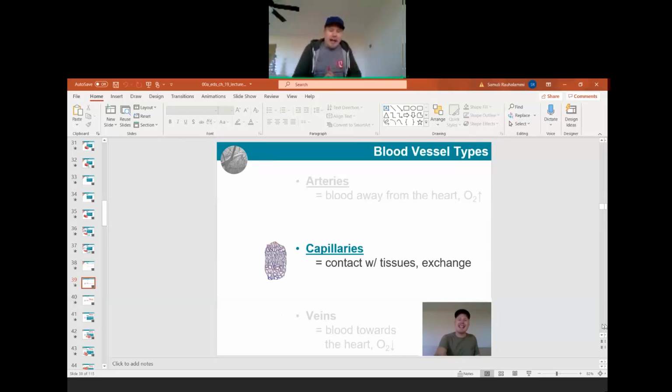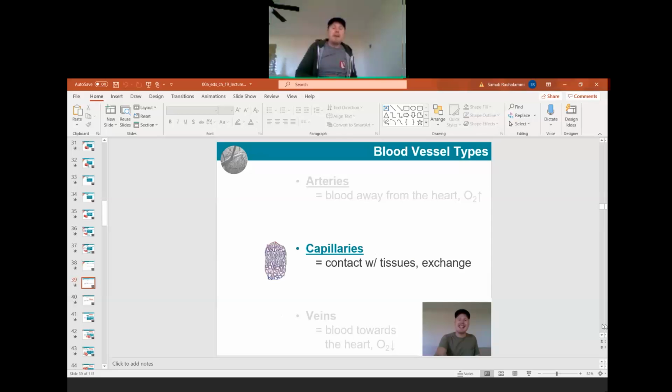So now we get to the capillaries. And capillaries are, like I said, the smallest of these blood vessels that we see. They're really, really small. They're about the diameter of one single red blood cell. And sometimes they can be even a little smaller than the diameter of a single red blood cell, because red blood cells can squeeze through if they're normal, healthy red blood cells.